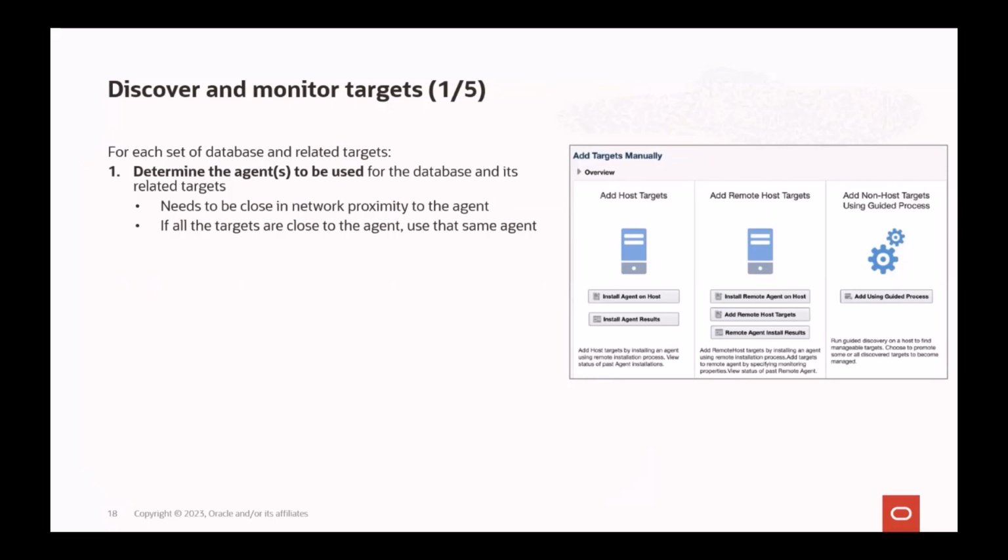As mentioned, choose the same agent that is close in network proximity to your targets. Then add or discover all of the hosts of the database and its related targets to the same agent. So if you're discovering a 2-node rack, add both nodes or hosts of the rack to the agent. Use the process outlined by Sumesh for adding these host targets.